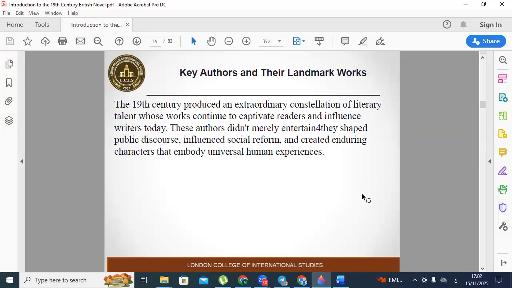We will focus particularly on a few figures who represent important strengths and achievements. This doesn't mean others are less important. It means we are selecting representative figures who help us understand the period's diversity and richness.